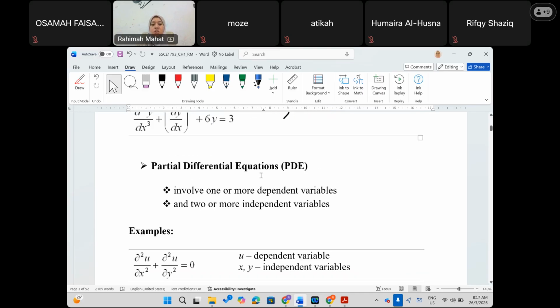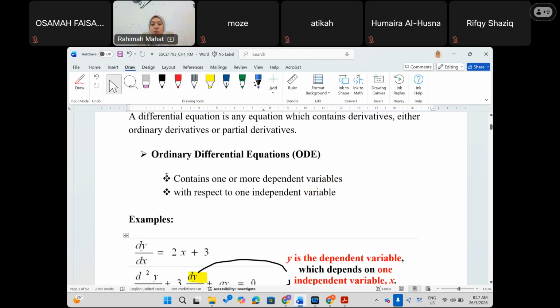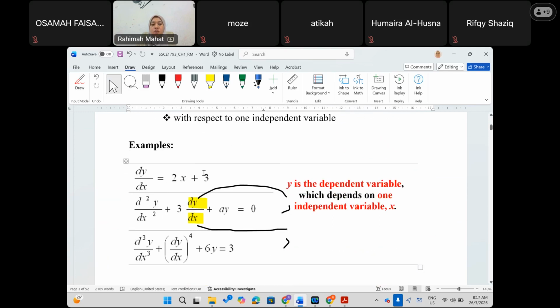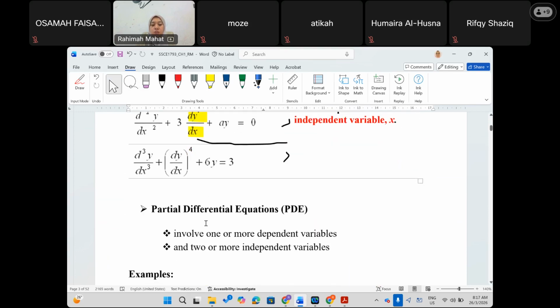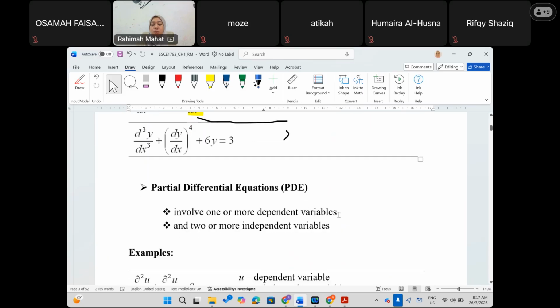What is the partial differential equation? That is for the ODE, ordinary differential equation. What is for the partial? Partial involves one or more dependent variables, similar to the ODE. However, the independent variables may be two or more.